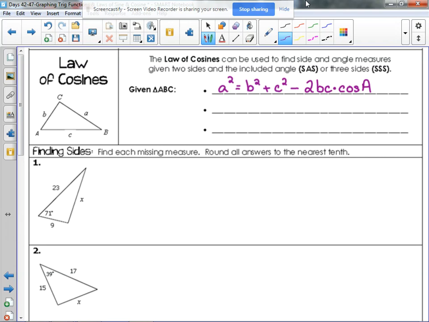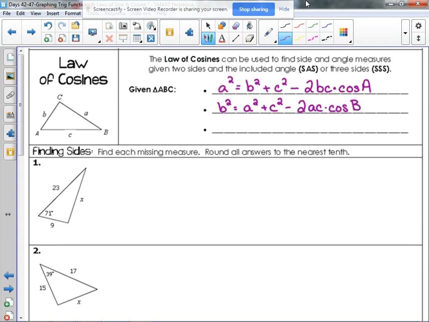Technically, there are three versions of this. It just moves the letters around depending on which ones you were given. It doesn't change. You can label these with anything that you want to. It's still the same formula.